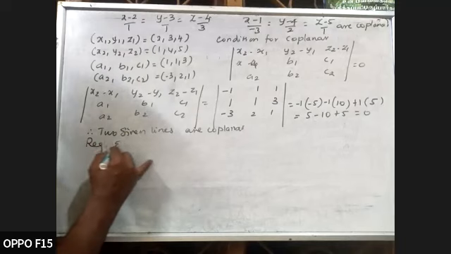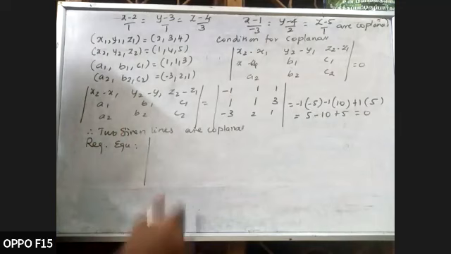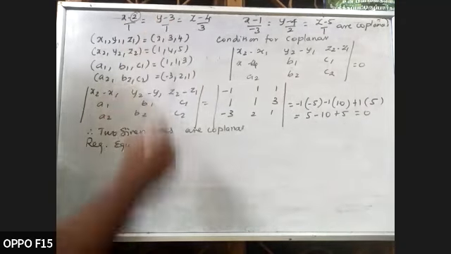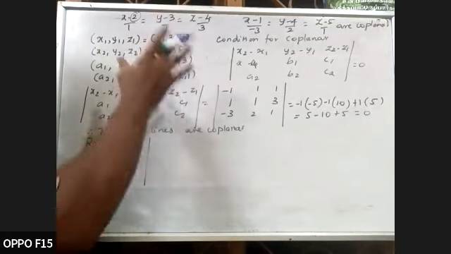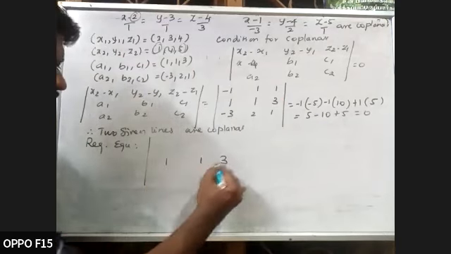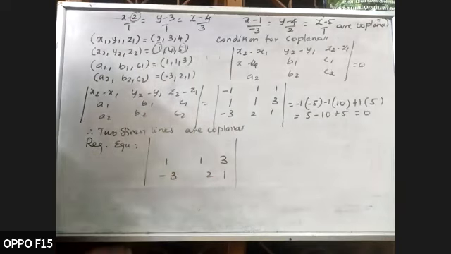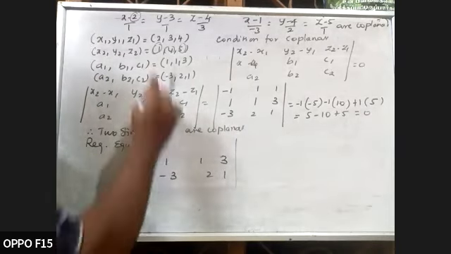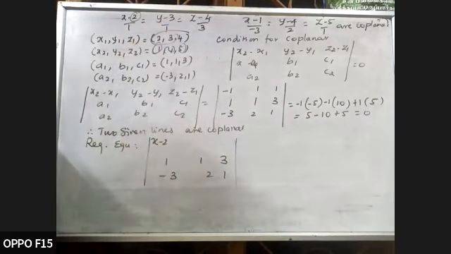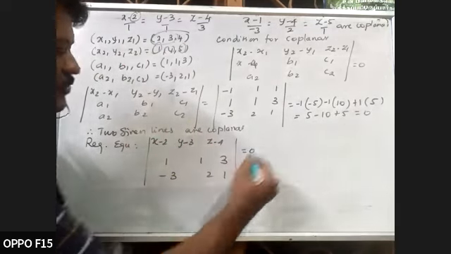Next, in the question, find the equation of the plane containing these two coplanar lines. The required equation formula is x minus x1, y minus y1, z minus z1. We can take any one point, whether 2, 3, 4 or 1, 4, 5, but the direction ratios are the same. These two rows remain as they are: 1, 1, 3 and minus 3, 2, 1. Only the first row changes. Taking the first point: x minus 2, y minus 3, z minus 4 equals 0.